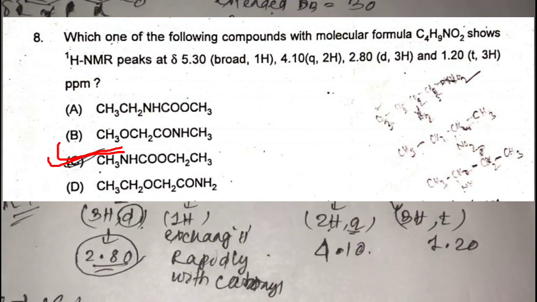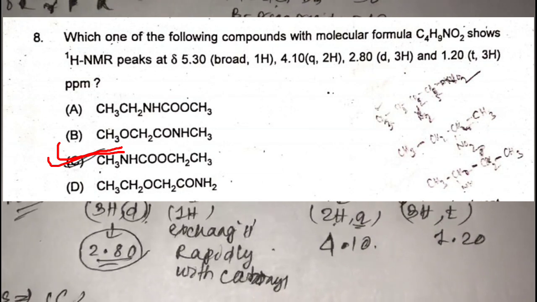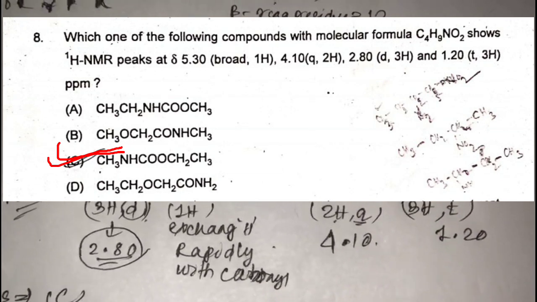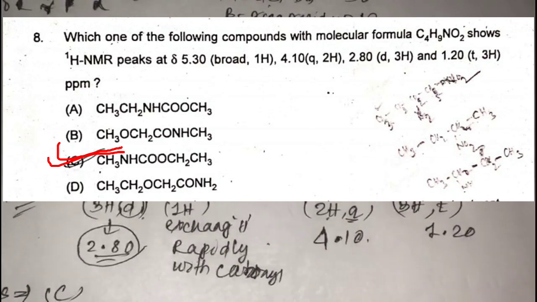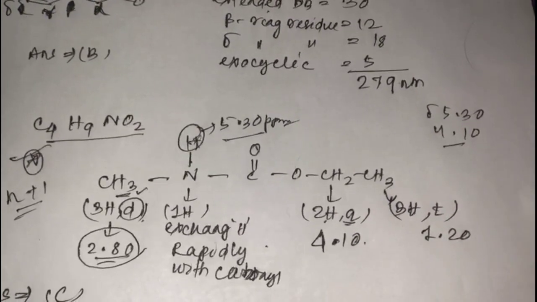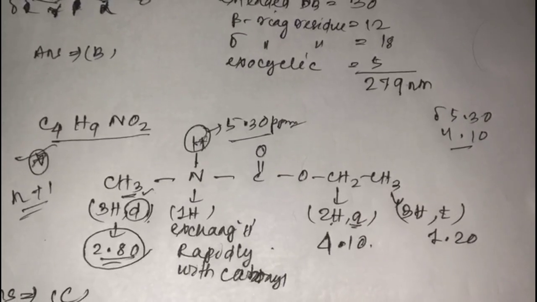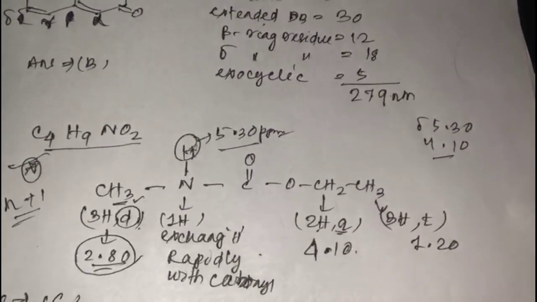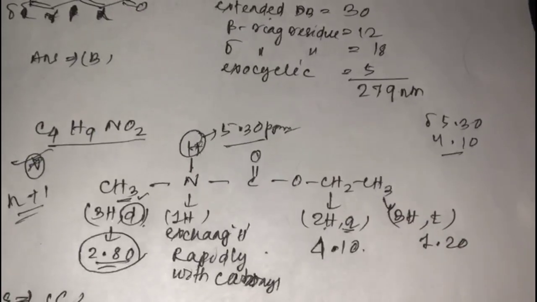See, if you are preparing for any entrance examination like in chemistry, you will definitely find 2 to 3 NMR questions on your paper. So if you are interested in solving this type of question in 30 to 40 seconds or within 1 minute, then tell me in the comment section, and I will make a short video on this topic so that you are able to solve this type of problem.